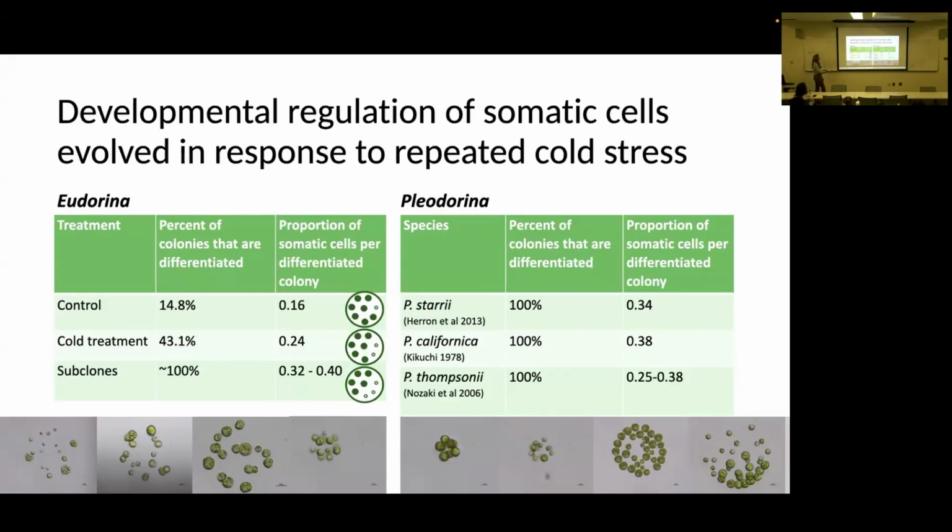And this is very consistent with the proportions that we see in the obligately differentiated Pleiodorina. This is really shocking, actually. Pleiodorina, on average, has between 25 to 40% of cells in a given colony that are somatic, meaning that the primary morphological difference here lies in the overall number of cells they have. Pleiodorina has more cells than Eudorina.